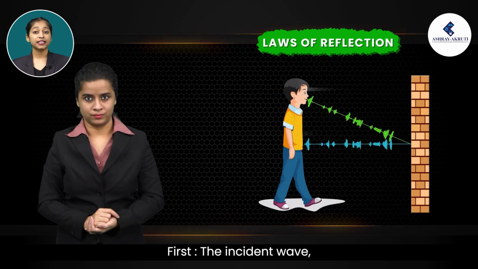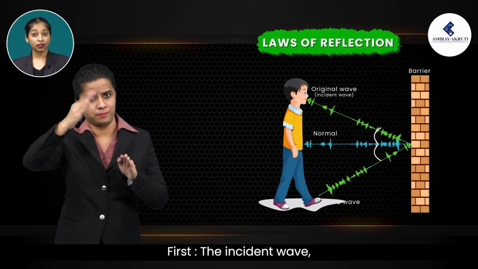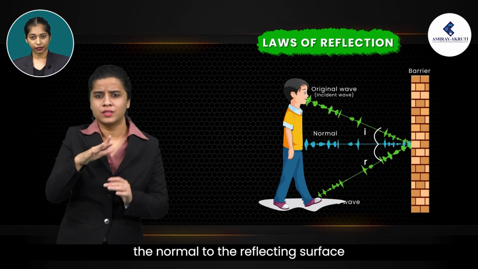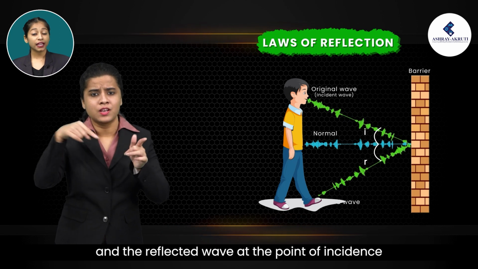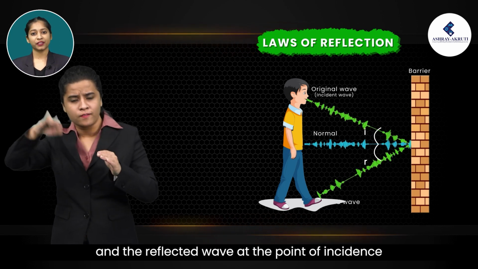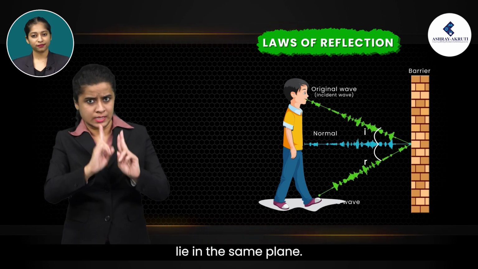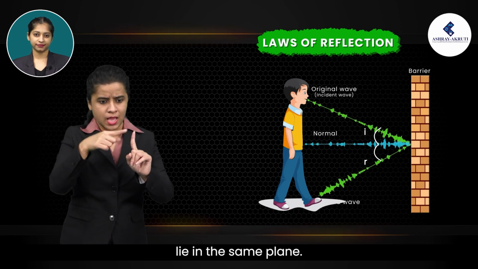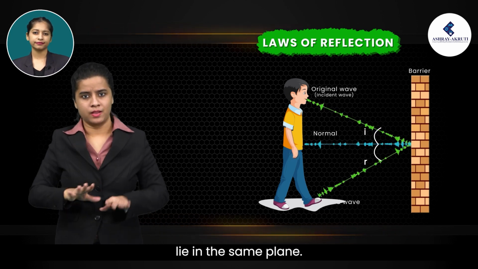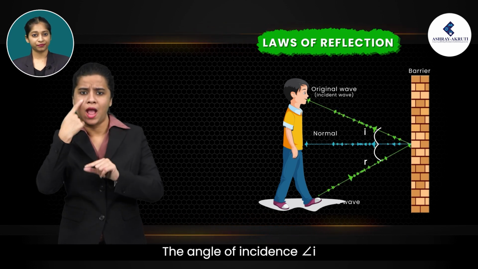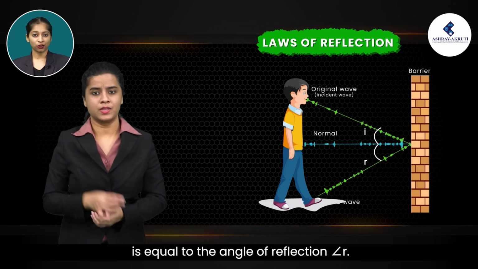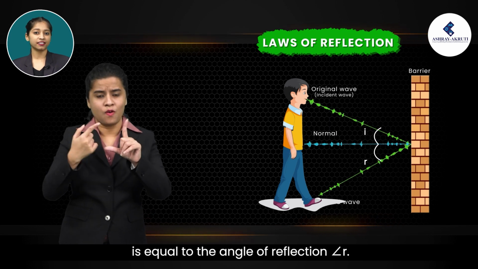First, the incident wave, the normal to the reflecting surface, and the reflected wave at the point of incidence lie in the same plane. Second, the angle of incidence, angle I, is equal to the angle of reflection, angle R.